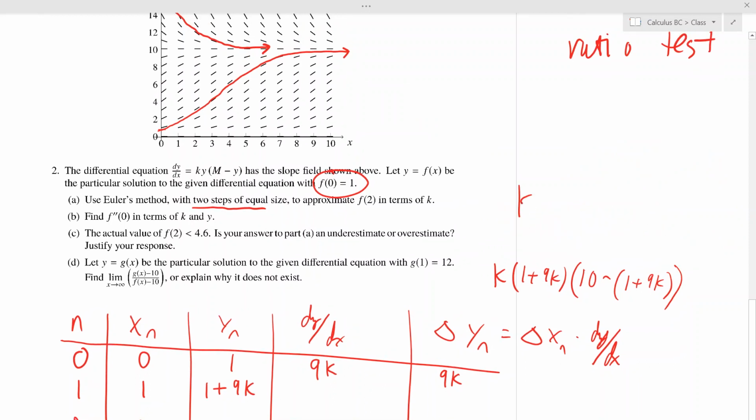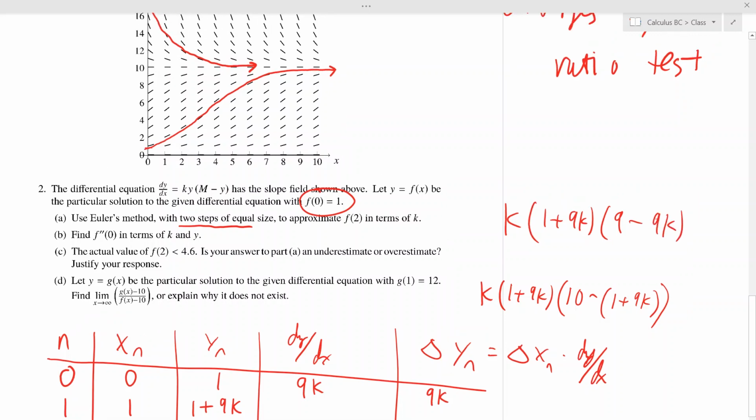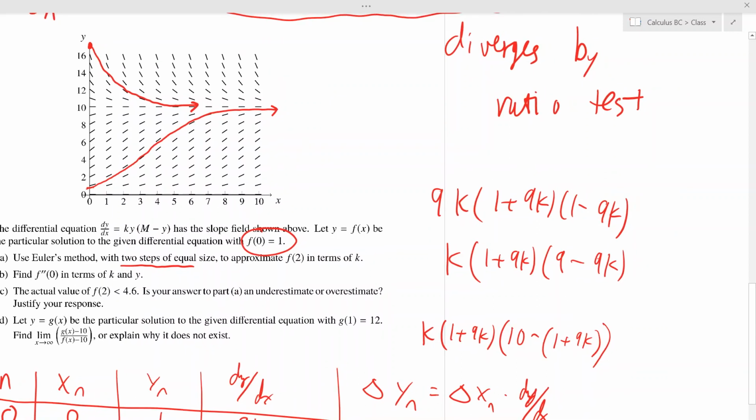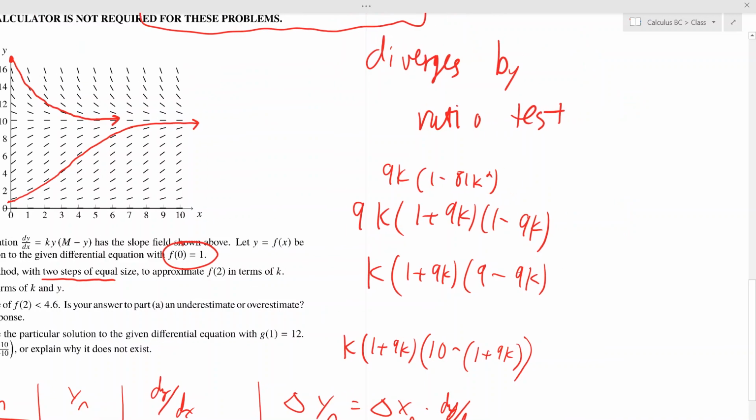That's k times 1 plus 9k times 9 minus 9k. We take a 9 out of there to make this look simpler. So it's 9k times 1 plus 9k times 1 minus 9k. That's not too bad, and this is the difference of two squares, so this becomes 1 minus 81k squared times 9k.